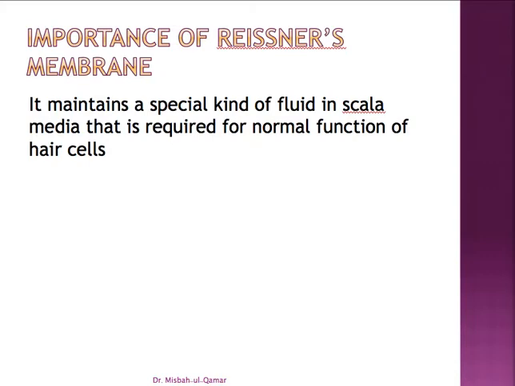So the Reissner membrane is also responsible for the separation of these two fluids, and it maintains this endolymph in the scala media, because if the fluid is mixed, or if the fluid is not endolymph in the scala media, then it will mess with the endocochlear potential, which is the voltage necessary for the generation of the electrical impulses.